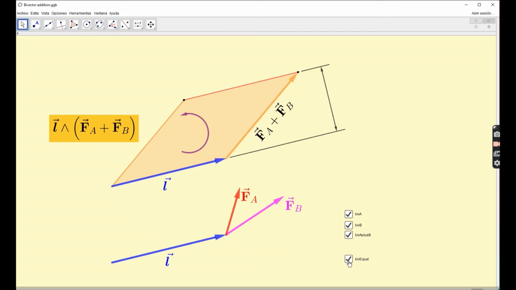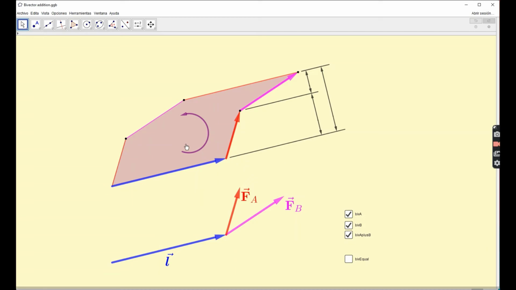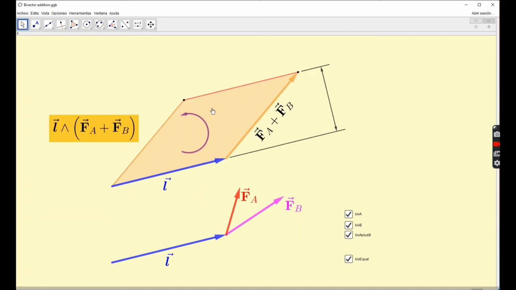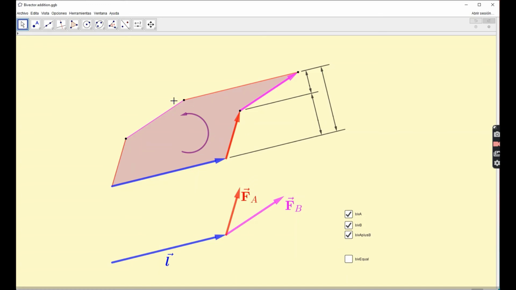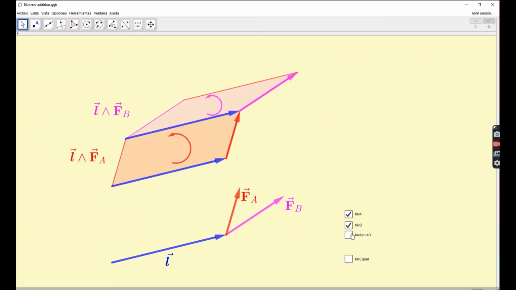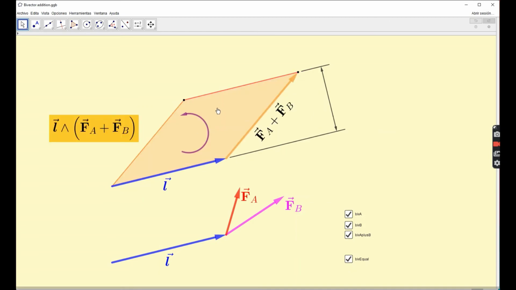That's great. And before we leave, I want to emphasize again, this shape here, this hexagon, and this parallelogram are identical bivectors according to geometric algebra.